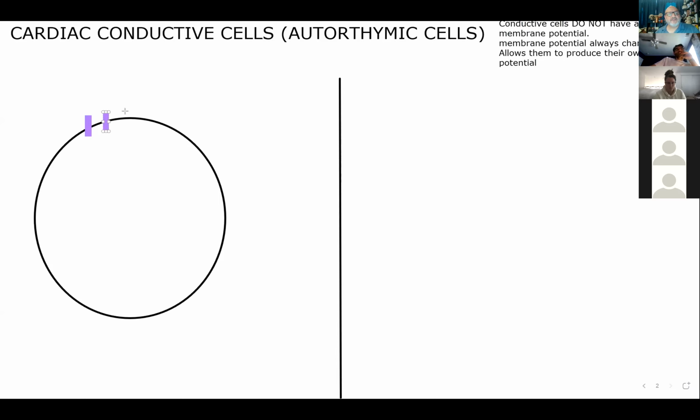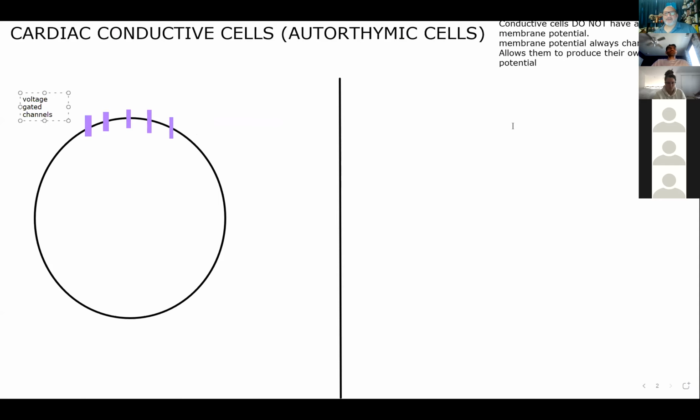These conductive cells have some voltage gated channels. And what do voltage gated channels need to open them up? Threshold.